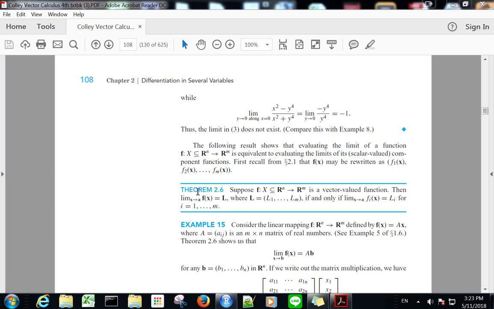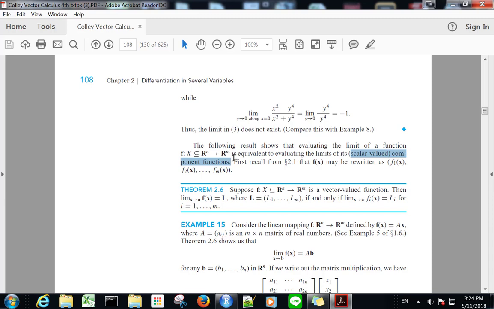Okay, now we talked recently about the component functions, the scalar valued component functions. So you have a function f going from Rn to Rm. There are going to be m component functions, one for each element in the output.